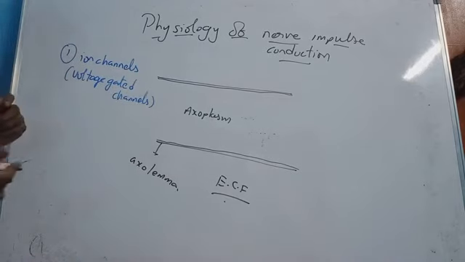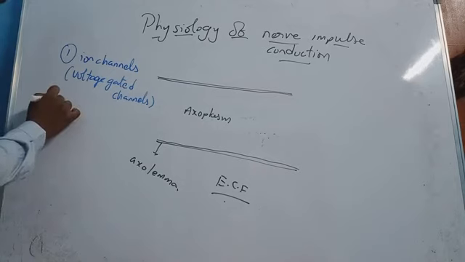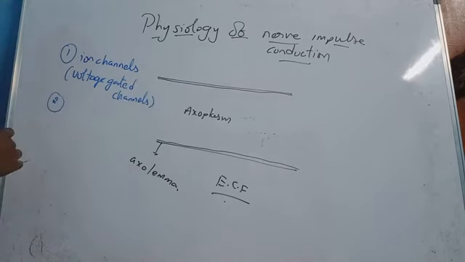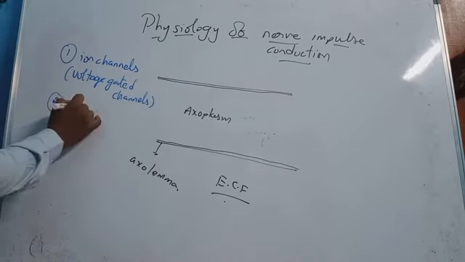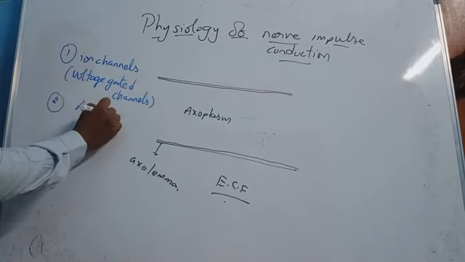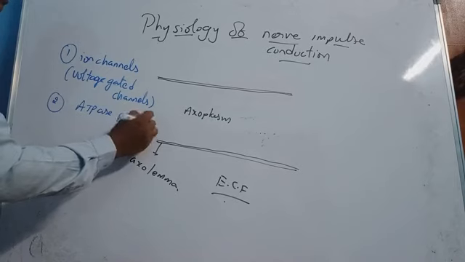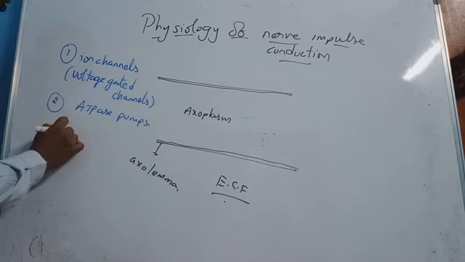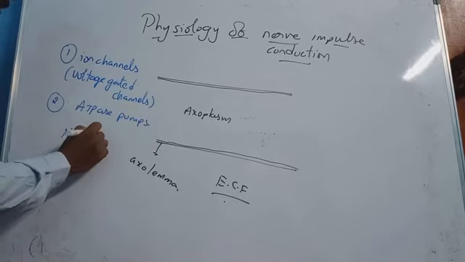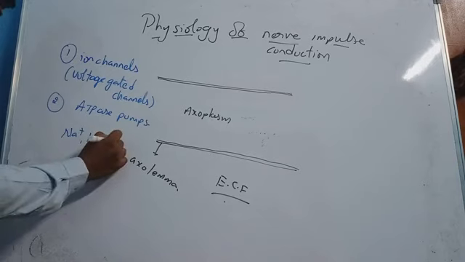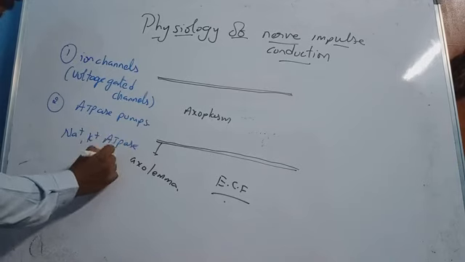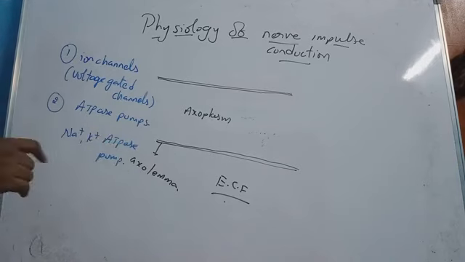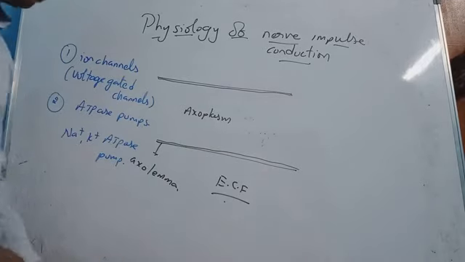I'll tell you what the voltage is again. Then we have in these membranes the ATPase pumps, or to be exact, the sodium potassium ATPase pump. So these two things can be seen on these membranes. Now what are they? We'll see one by one.